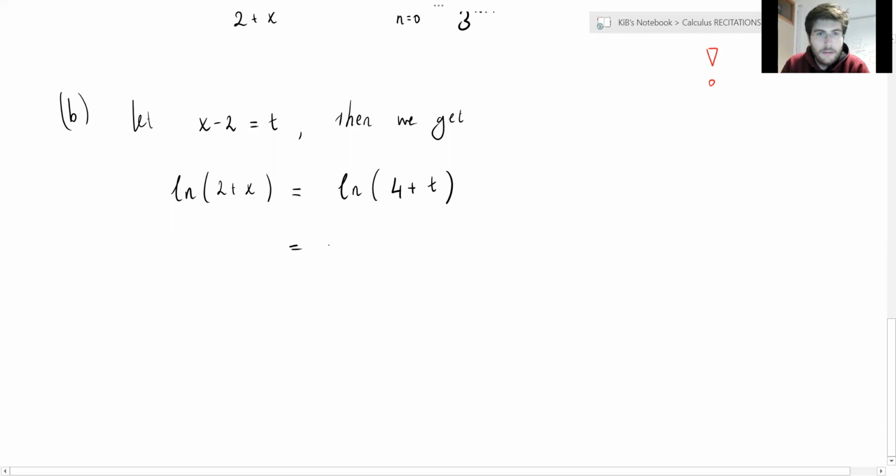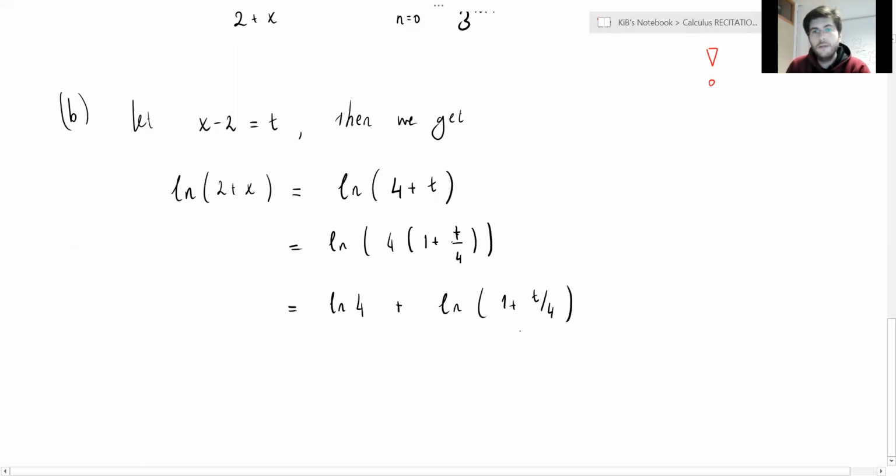And actually, we can still do something, just take the parentheses of 4 out, for instance, 1 plus t over 4. Use the properties of logarithm. We have ln 4 plus ln of 1 plus t over 4. Now we should be careful.